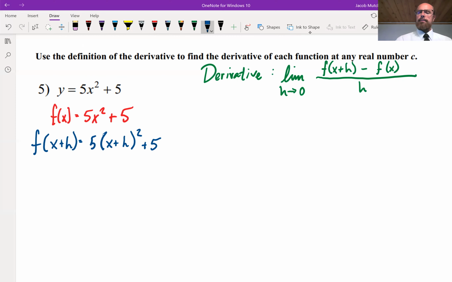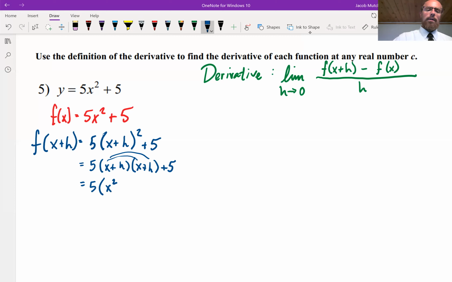Before I plug that into the green derivative definition there, I do want to expand and simplify this f of x plus h statement. So that's a double distribution of FOIL. I'll expand it there so we can see it. So I'm going to distribute x to both x and h. So that becomes 5 times x is x squared plus hx, and then the inner term is the same, plus hx. So I see those will combine. And then the last term's plus h times h, or h squared.